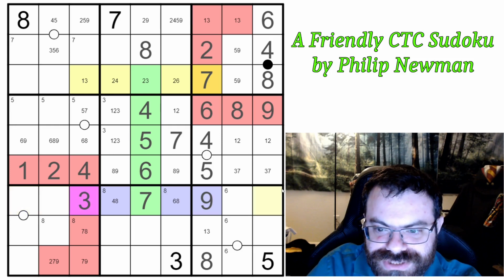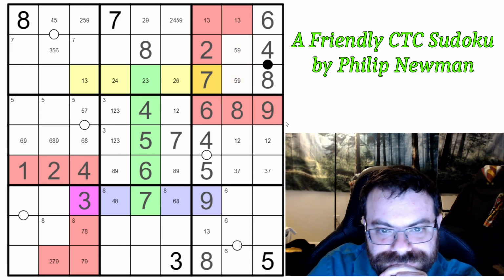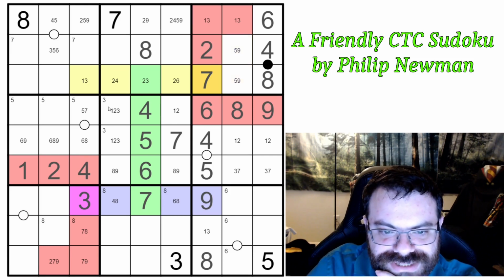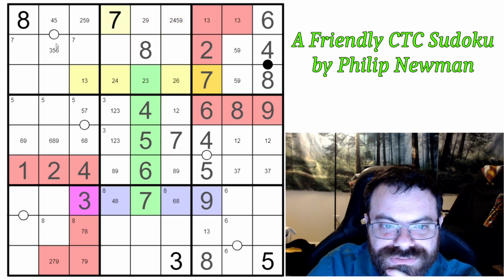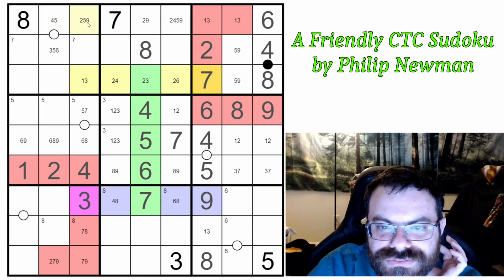Not really seeing much there. We know 9's one of these two. Okay, maybe not. Maybe there's not something to scan. What did I eliminate up here? Not really.